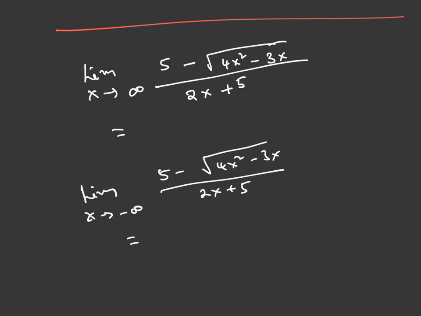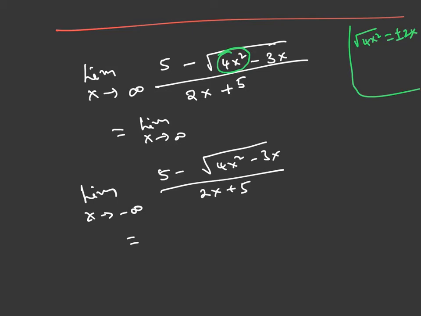Let's apply the square root concept onto this. We know square root of 4x squared is plus or minus 2x. So when I say this one, limit as x approaches infinity, we could identify 4x squared as the leading term here, meaning square root of 4x squared.